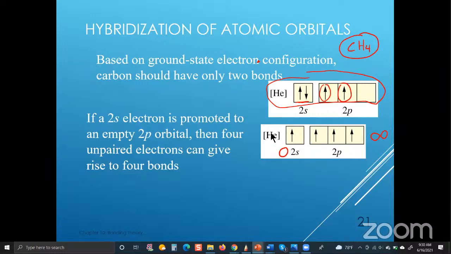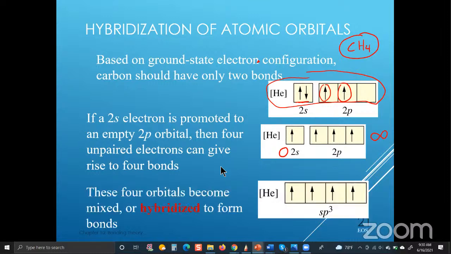So there's another step involved in this idea, and this is where the actual hybridization concept comes in. Basically, these 4 orbitals will be mixed, or the term that is used is hybridized, to form these separate orbitals, and these orbitals are called sp3 hybrid orbitals, right? They're called sp3 because they're formed from an s orbital and 3 p orbitals.